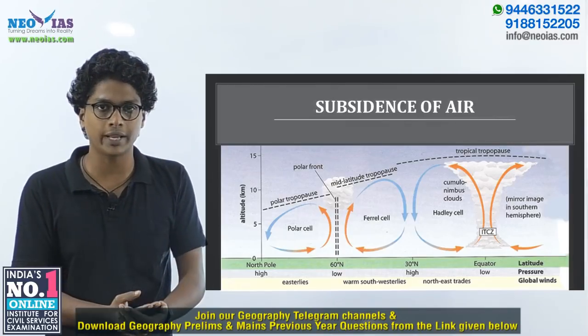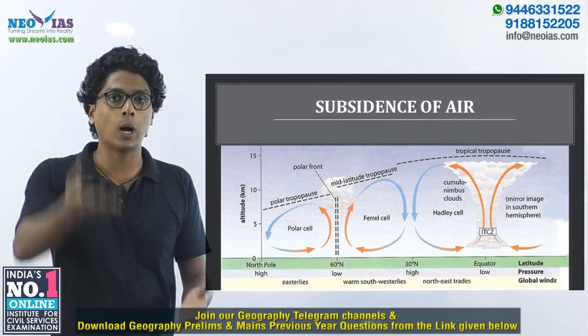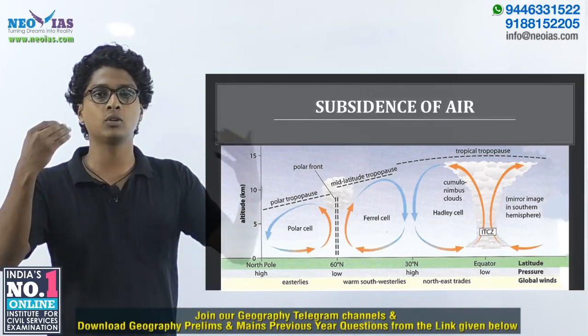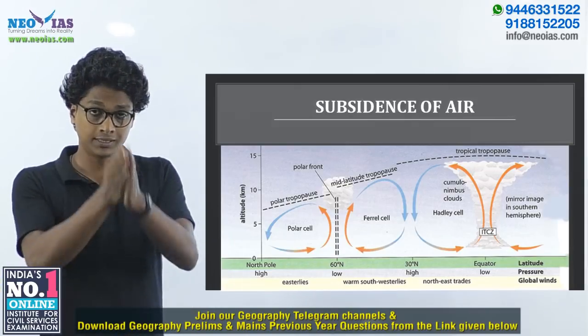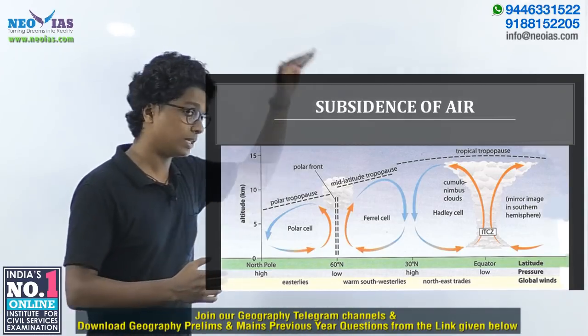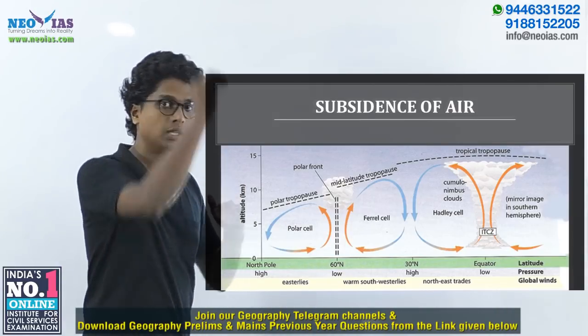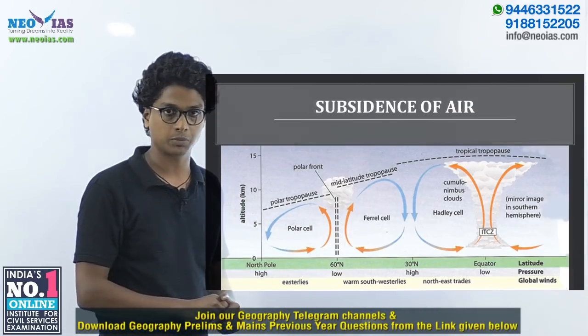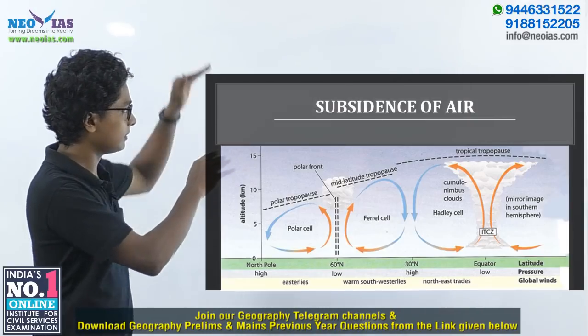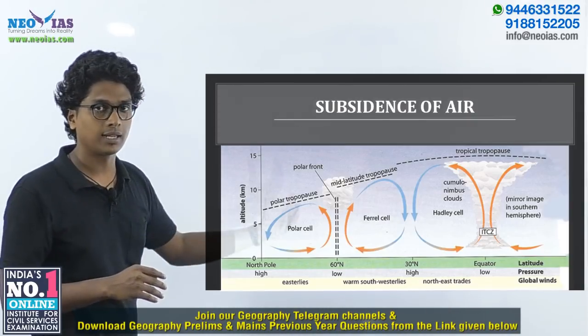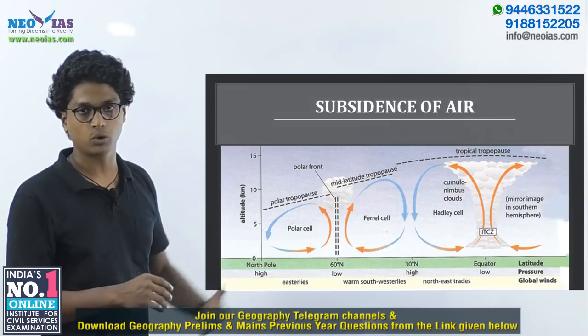For precipitation to take place, the moisture should go up and the clouds should form, and only then will we have precipitation. But this process is hindered at the subtropical high pressure belt because the air is subsiding. Thus, the subsidence of air results in the formation of major hot deserts.